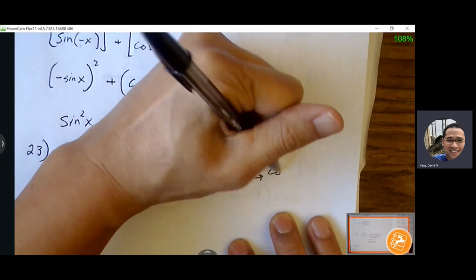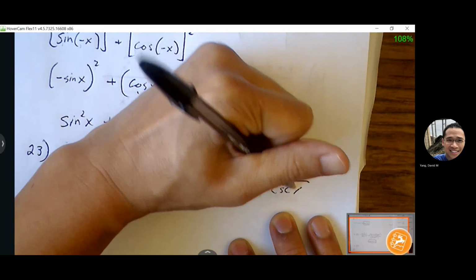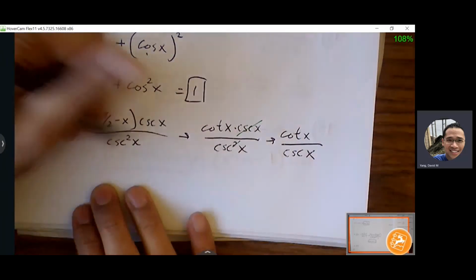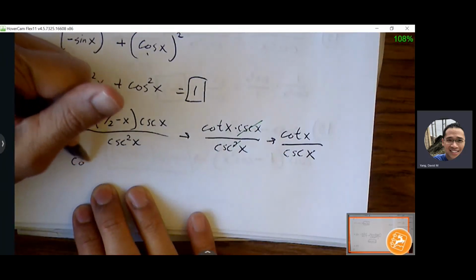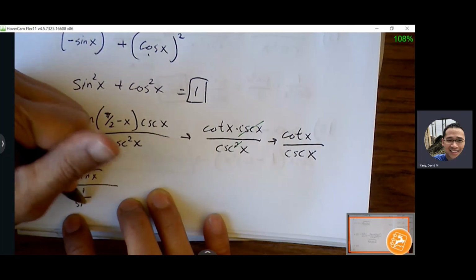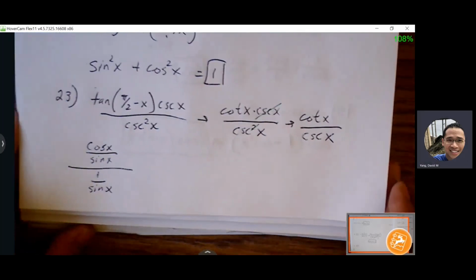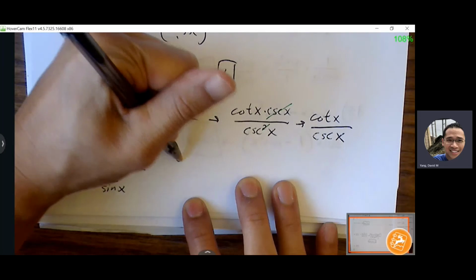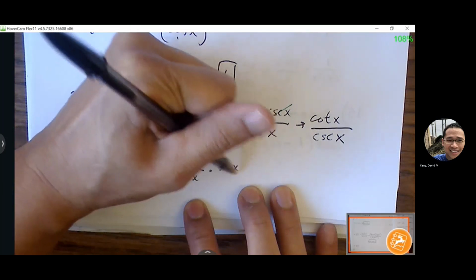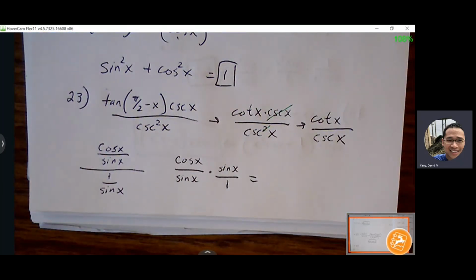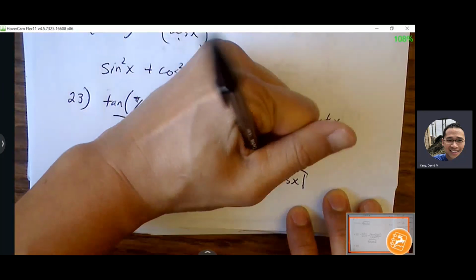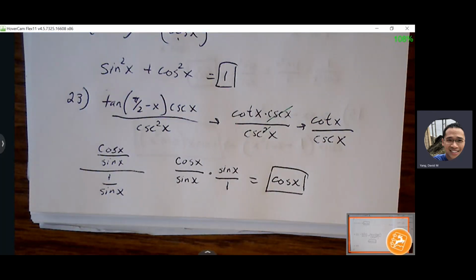So now I'm left with cotangent over cosecant. Okay, what if I get everything in terms of sine and cosine? I should be able to get some more clarity here. So cotangent is cosine over sine. Cosecant is 1 over sine. If I'm dividing by a complex fraction, I can multiply the top by the reciprocal of the bottom. Which just gives us cosine.